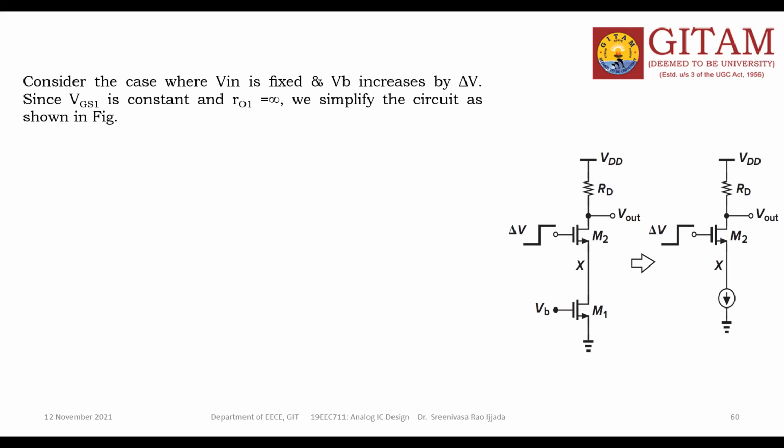So in this configuration, M1 is acting as a constant current source, because M1 is the transistor whose gate is fixed to some voltage VB, enough to keep M1 in saturation, so definitely a fixed amount of current is flowing in the circuit.